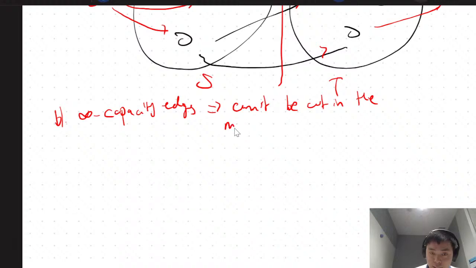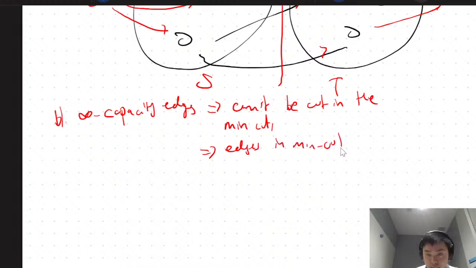So what that tells you is, in fact, all of the edges that belong in the min cut have to disconnect the vertices in S from vertices of T. So edges in the min cut come from the original graph.